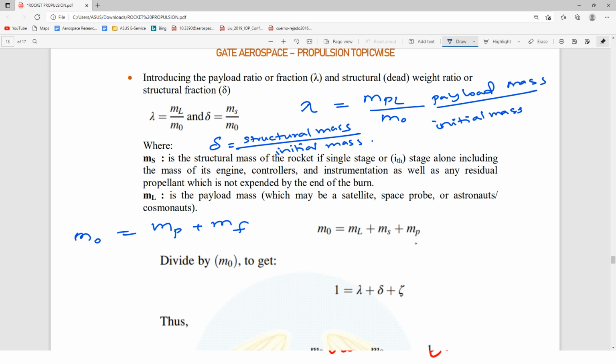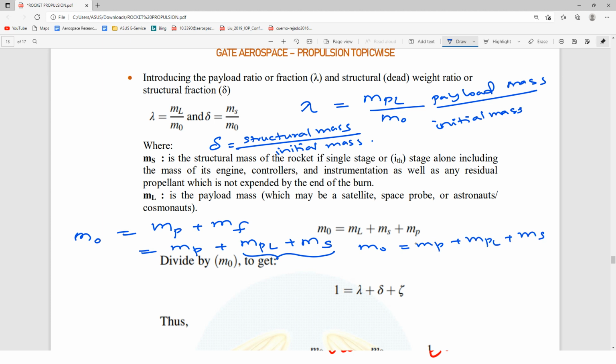When the complete combustion is done and there is no fuel left over, we only have the structural weight, which is called mf, right? Now when it is fully loaded, the same equation can be written in the form of payload plus the structural. Moreover, mf is nothing but the payload and the structural, right? So m naught equals mp plus mpl plus ms.